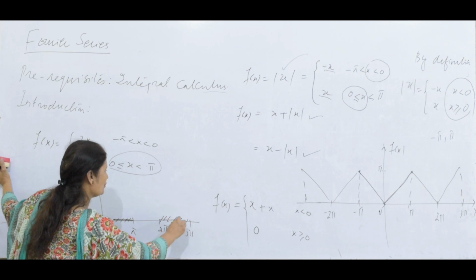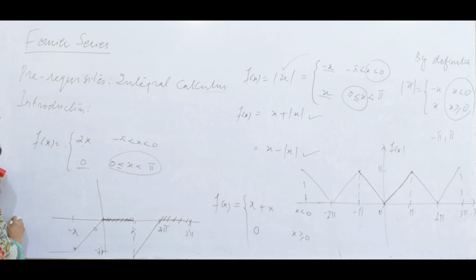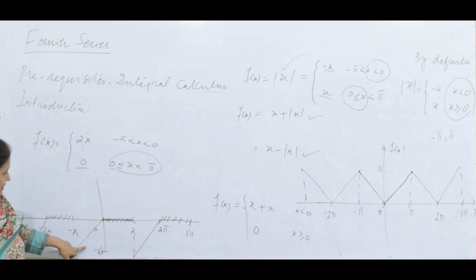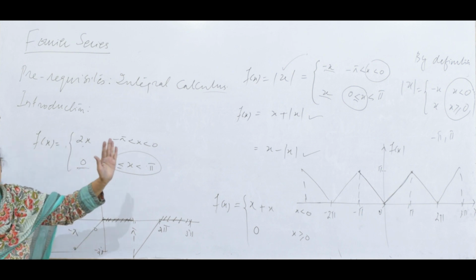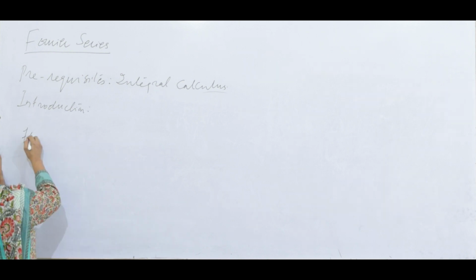This is 0, and this is something like that. And similarly, you are moving like this, minus 3 pi, minus 2 pi. This is 0, and this is going to be like this. So this function you make periodic once you draw it, and then it is reproduced backward and forward to show it is periodic.